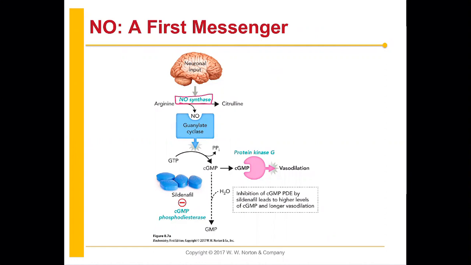It goes through oxidative deamination of arginine into making citrulline. And so a product of that is nitric oxide. So you have rapid diffusion of nitric oxide into smooth muscle cells. And once smooth muscle cells receive that signal, you get muscle relaxation, you get vasodilation, you get increased blood flow.